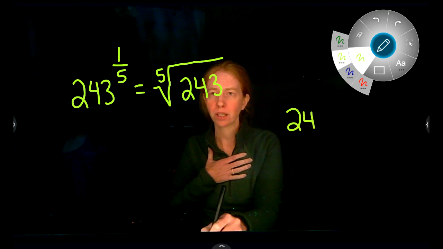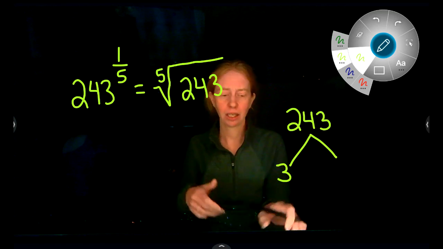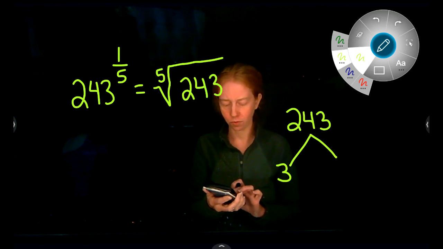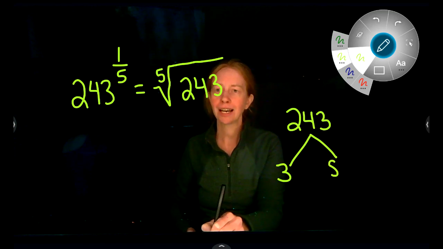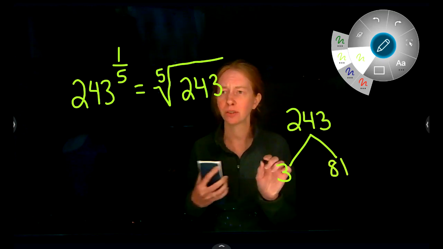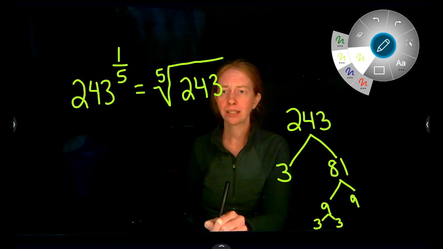Okay, so 243 divided by 3 is, and I'm going to get my calculator, 243 divided by 3, 81. Ooh, that's fantastic news because that is a perfect square. Okay, 81 is 9 times 9. And each of these 9s are really 3 times 3. And check this out.